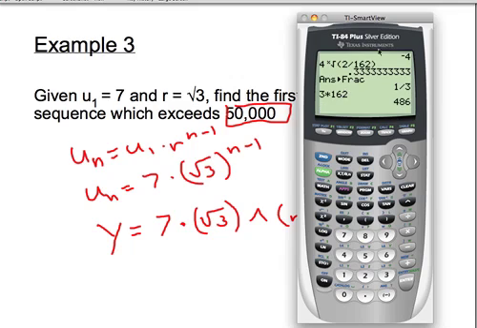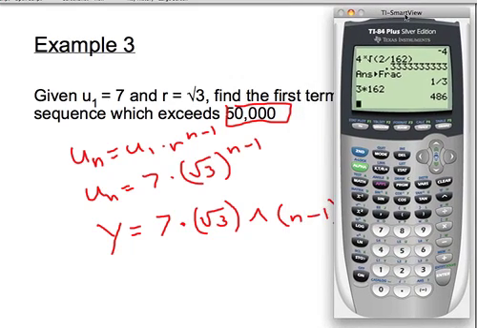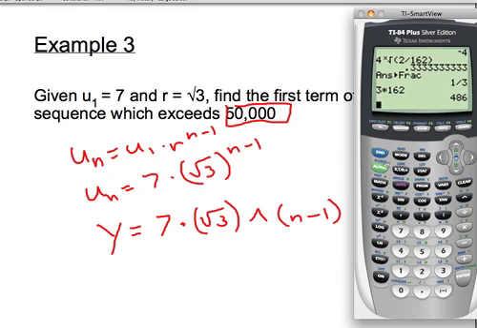So let's get our graphing calculator, and we're going to press the y equals button, and I've got it typed in here already. We've got y equals 7 times root 3 to the power of x minus 1. We can't use n, so we put an x. You can graph it if you want to and see what the graph looks like.